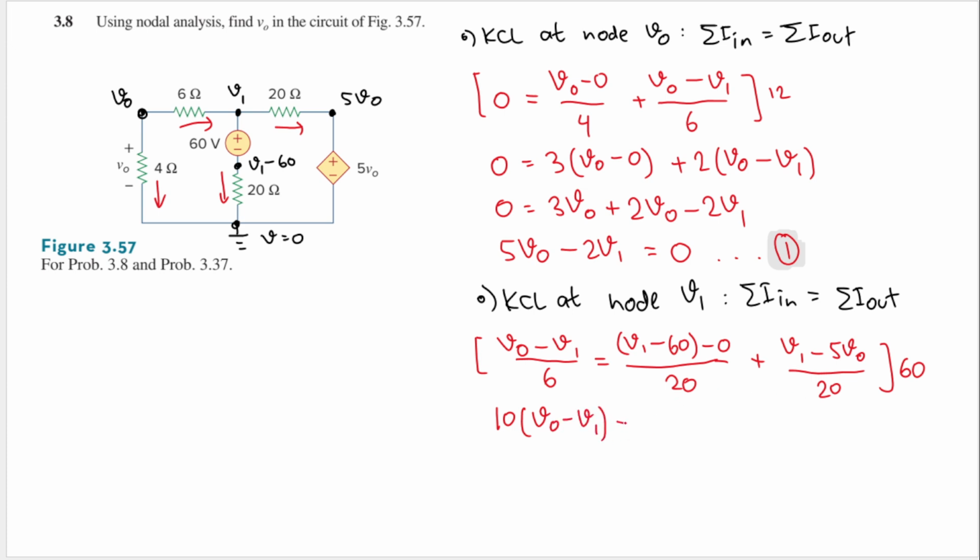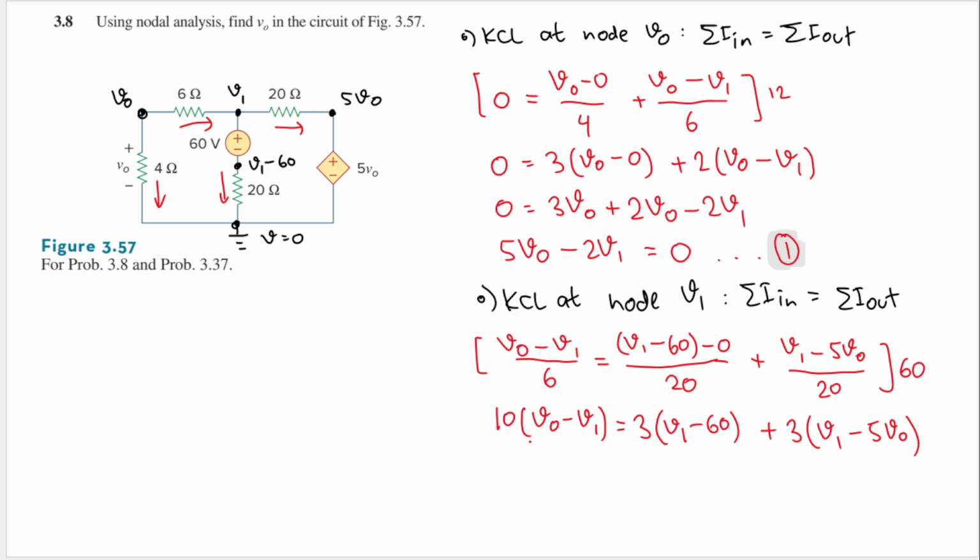And this will equal, 20 and 60 will cancel into 3, V1 minus 60 minus 0, which is just V1 minus 60. And then this one, 20 and 60 will cancel into 3, so we will have 3 multiplied by (V1 minus 5V0).